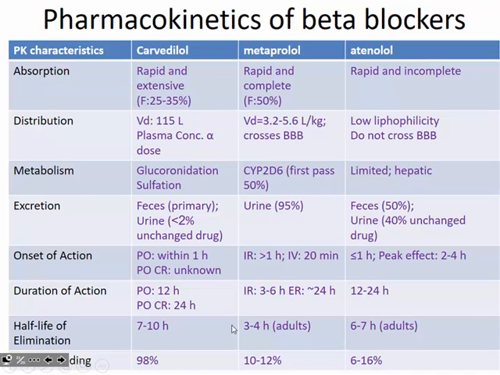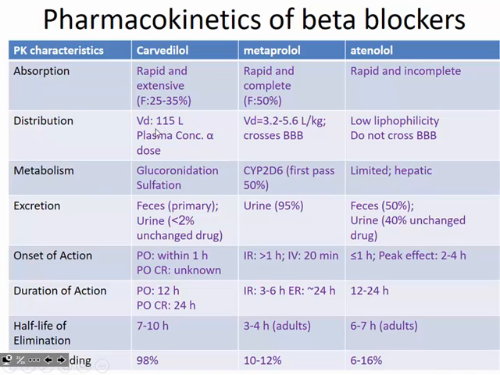Okay. What about volume of distribution? Which one has the smallest volume of distribution? It's again metoprolol, right? So if you look at it, it's only 3 to 5 liters per kilogram.